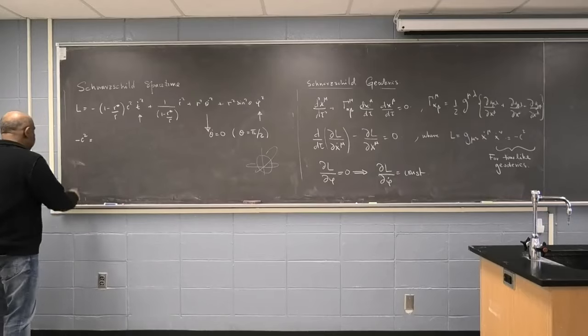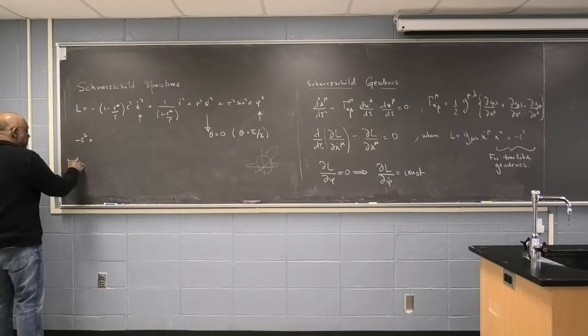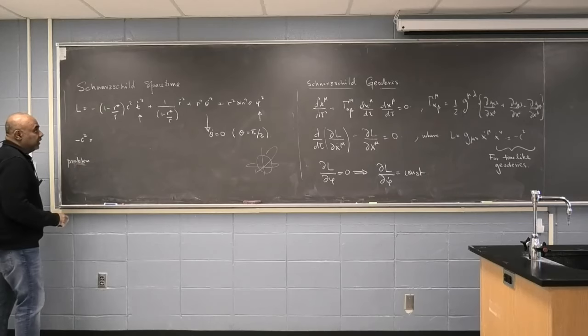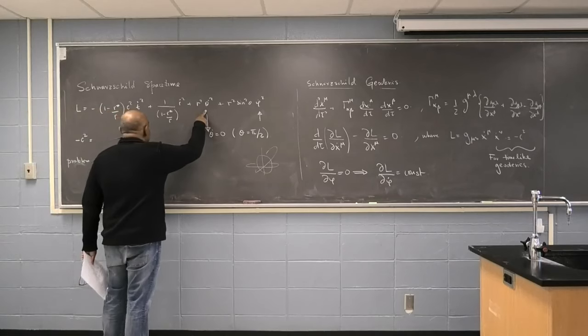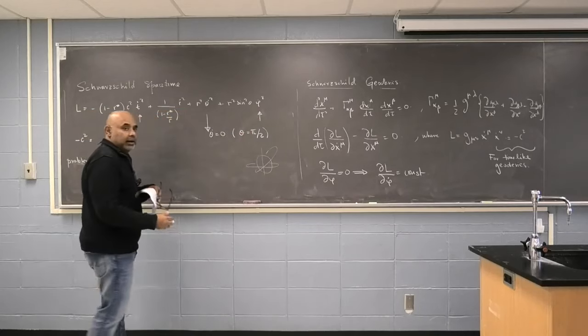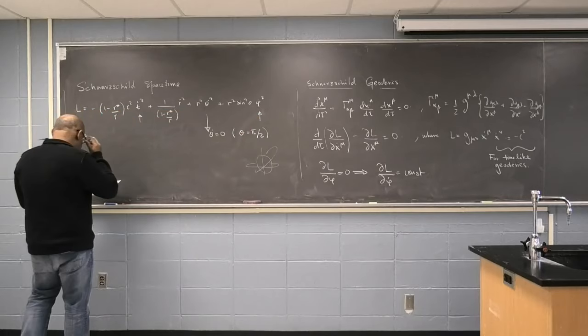So this is problem number 1. It's just algebra. You will verify that when you set this to 0, replace this with kappa and this with L, you have a nice equation.